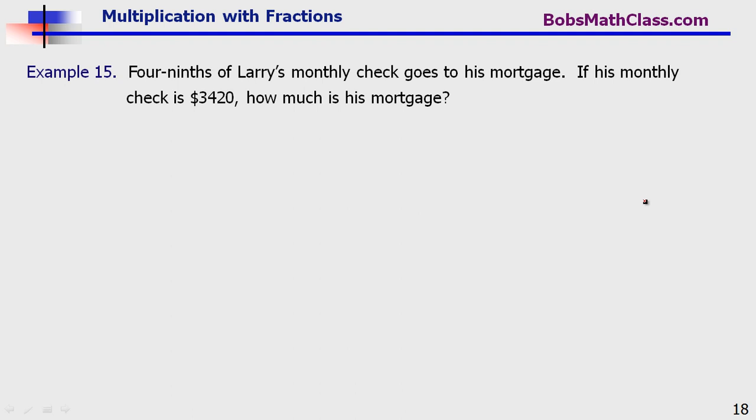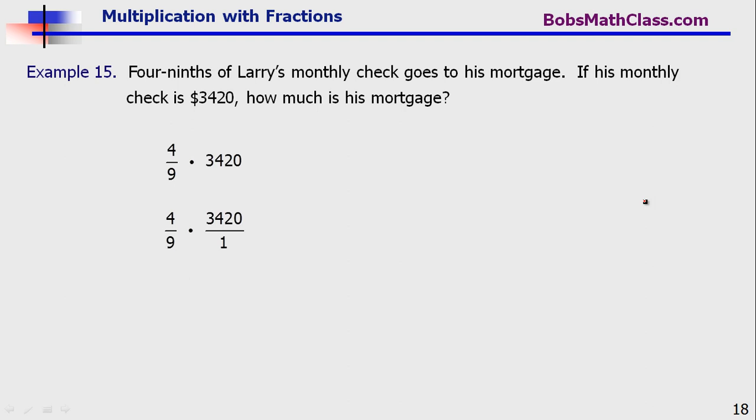Well, here's a word problem that says 4/9 of the check. So it's a fraction of 3,420. Well, that's multiplication. So it's 4/9 times 3,420. And then put a 1 underneath the number. Now we don't want to find the prime factorization of 3,420.